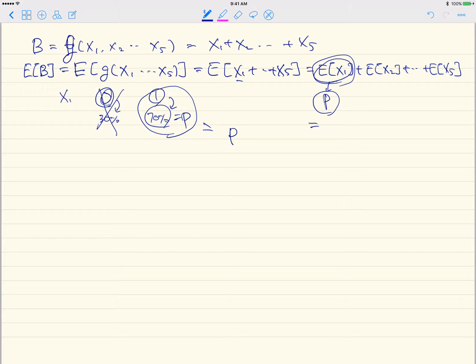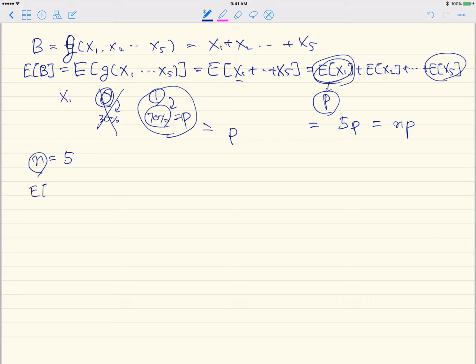So in this case, since we have 5 different random variables, it is 5P. In general, if we call that number n instead of 5, then this value becomes n times p. So that is our expectation value.